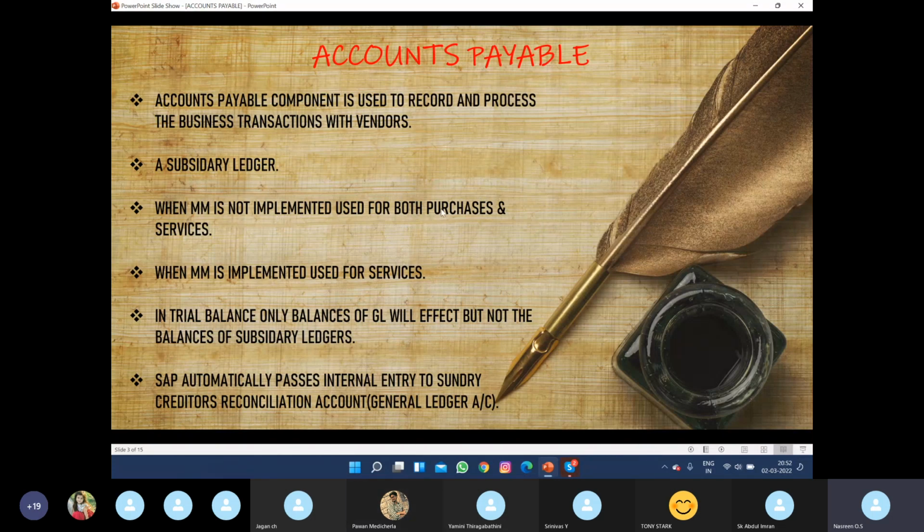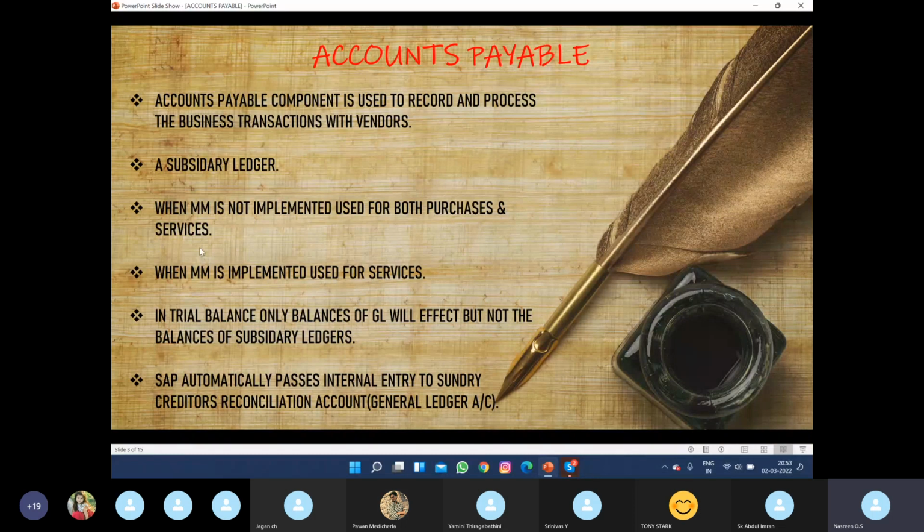Purchases means the purchases related to raw materials, spares, tools, etc. Services means, for example, legal services such as the services of lawyers, chartered accountants, etc. So why do we have to make the differentiation? Let's take the example of tax. On purchases, we have to pay the purchase tax.